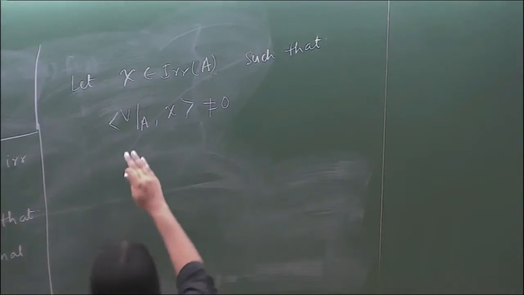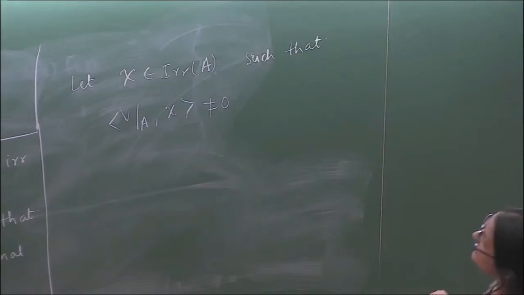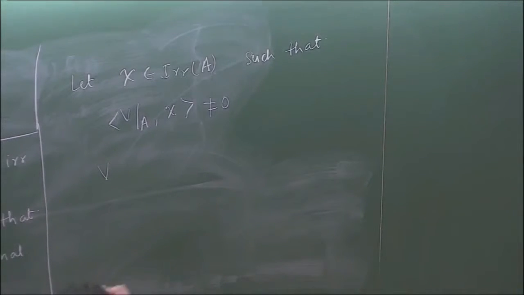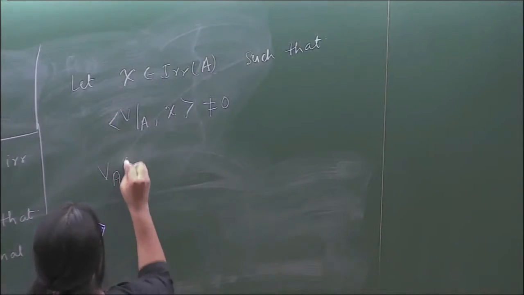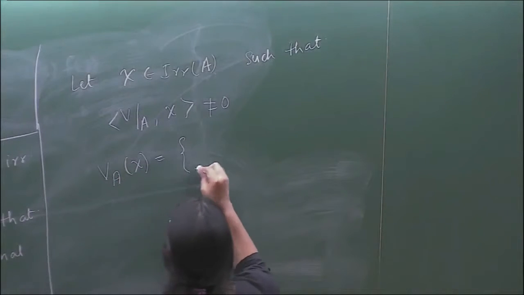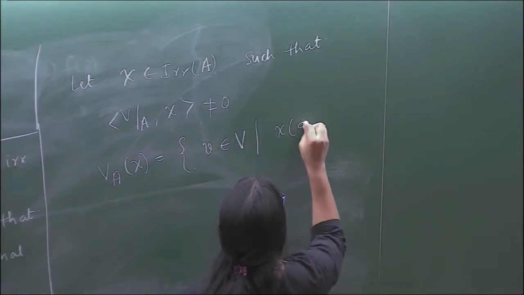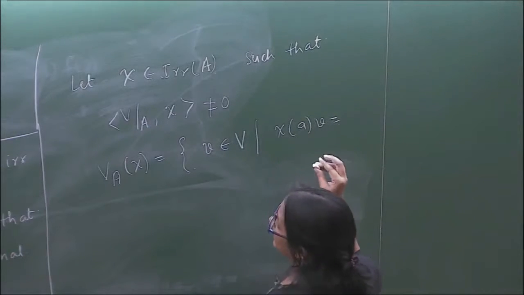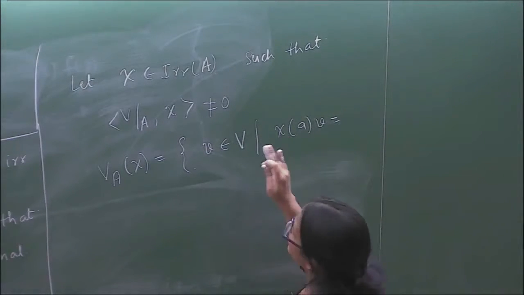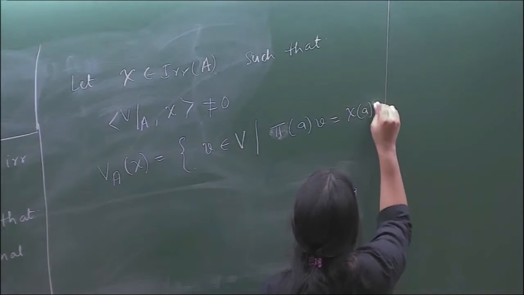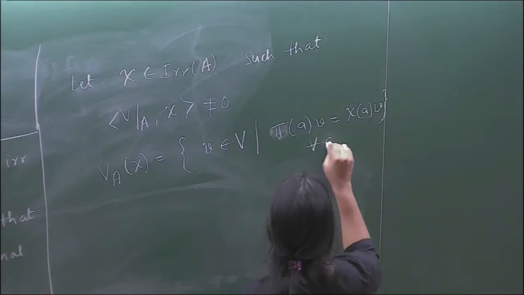Now, let's say chi is an irreducible representation of A such that this is true. Let me use the same notation. So let's consider V_chi, the chi-isotypic part, for all a in A.